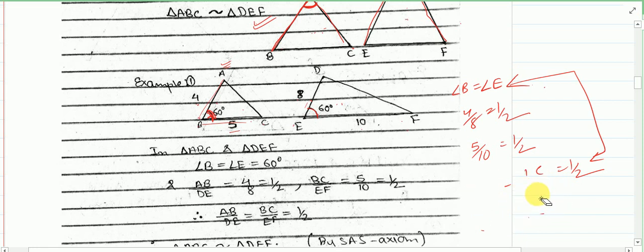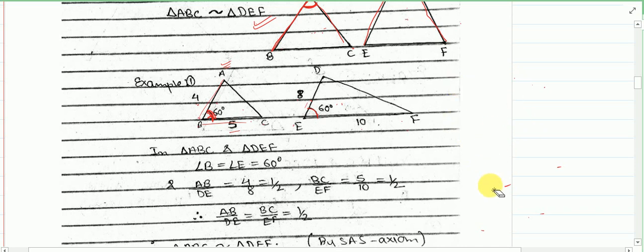So you are supposed to write down this example in your copy, then you will understand it better. So the same thing is written over here. In triangle ABC and triangle DEF, we can see that angle B is equal to angle E, that is 60 degrees.